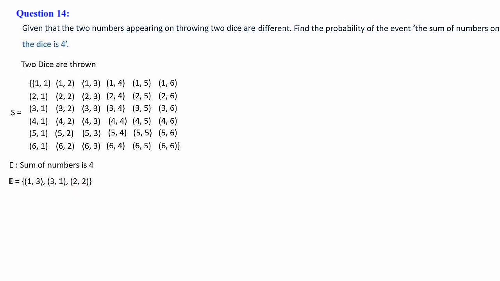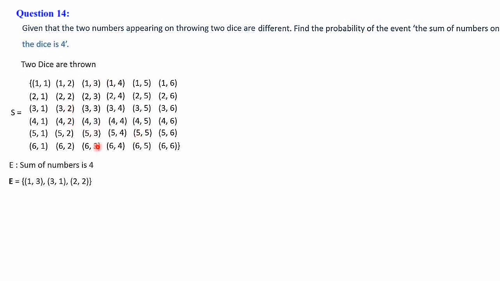So if you write the sample space, it will be easy for us to write down the elements of E. If you are not writing the sample space and only the number of elements in the sample space, you should have the common sense to write these elements. So whichever way is convenient for you, you can choose.